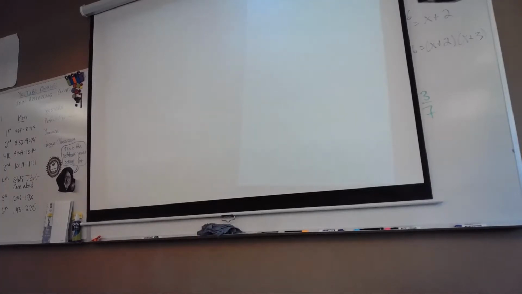They have to be returned to me at the end of this period before you leave. There's going to be at least a couple groups with only one. If you do not have any graphing calculator in your group, go grab one off my desk. 6 more people go grab graphing calculators.